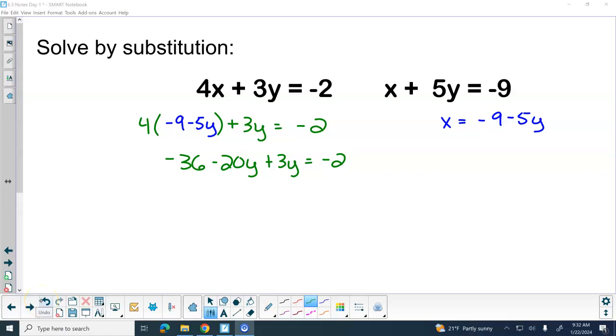So then that's going to give us negative 17y minus 36 equals negative 2. That's going to give us negative 17y equals positive 34.